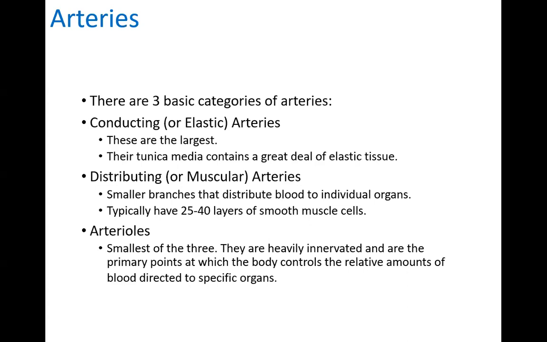The distributing arteries go to the various organs, like the renal artery goes to the kidneys, hepatic artery to the liver, and so on. And they're a little bit smaller. They branch out more. And then the arterioles, this is where we do our vasoconstriction and vasodilation. Most of that's done at the arterioles.